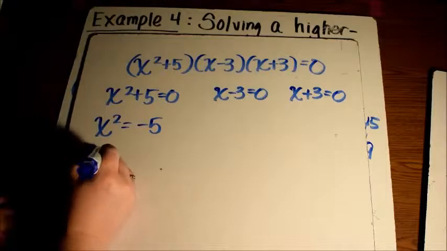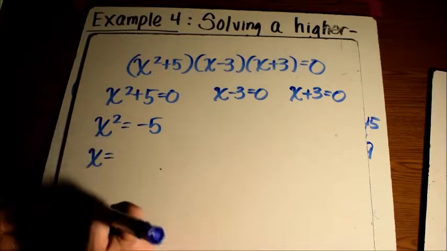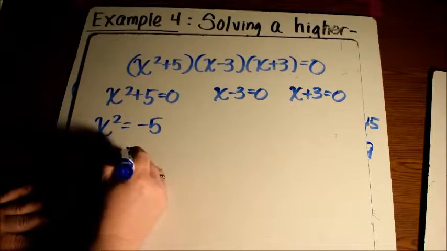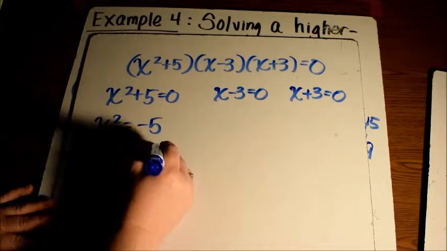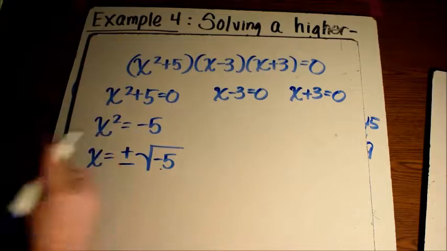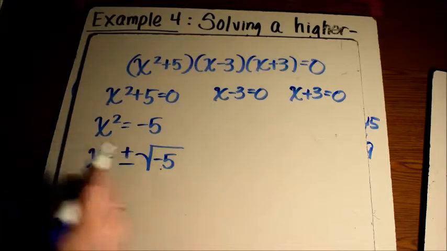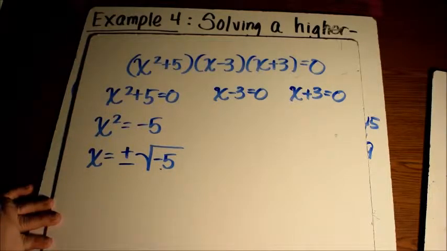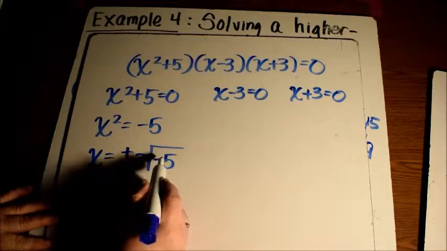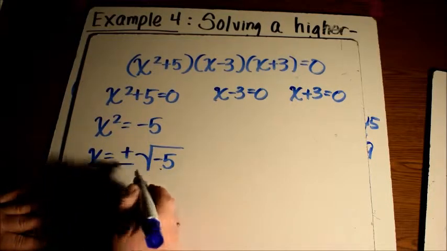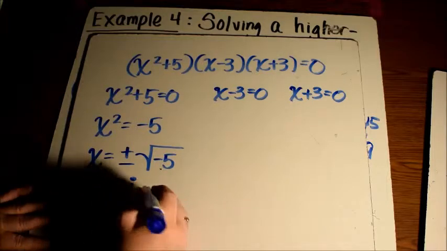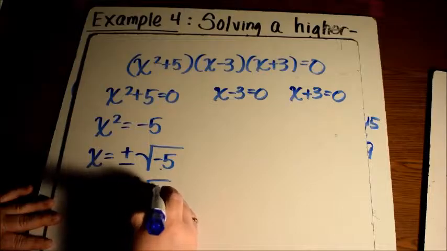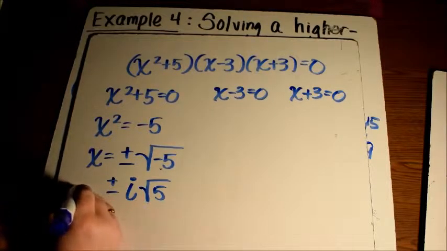So this would be x equals, remember when we take the square root, we need to think about its positive or negative, square root of negative 5. But we don't like to see that negative in there, so how do we deal with that? This is an imaginary number, so we bring that i out. That square root of negative 1 becomes i. So square root of 5, and then plus or minus.